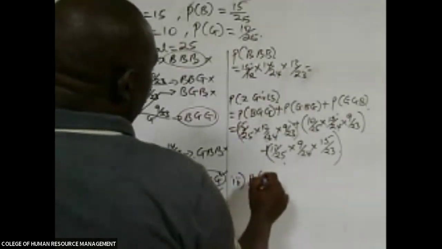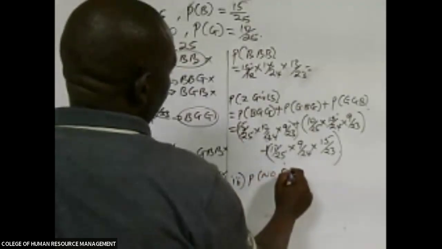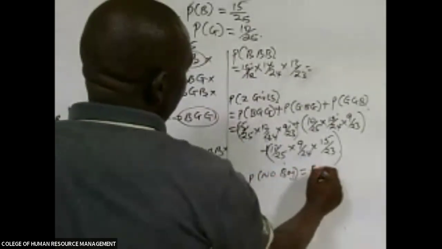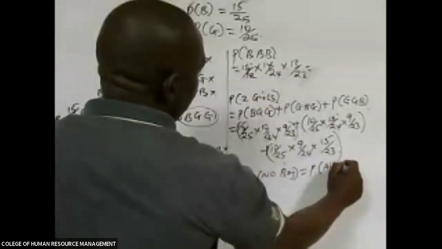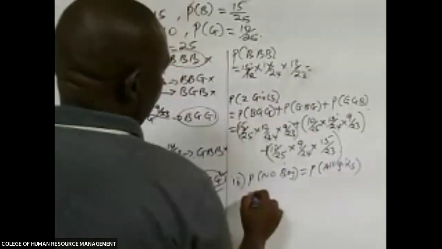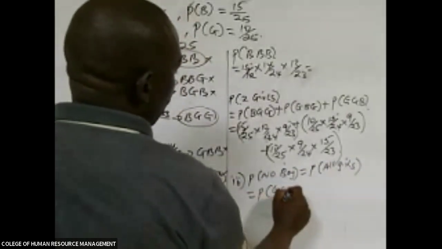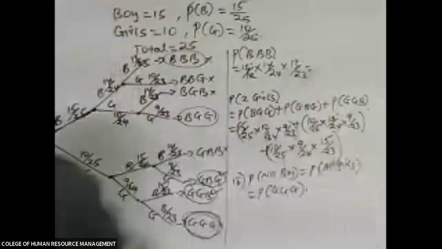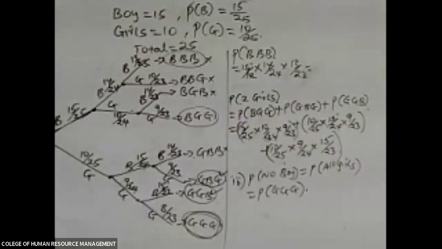The probability no boy is the same as the probability of all girls. So it's the same as the probability of GGG. So that is your work to complete that.